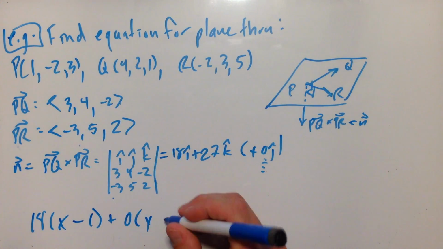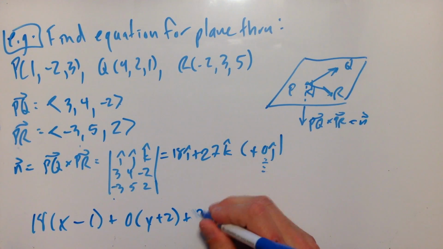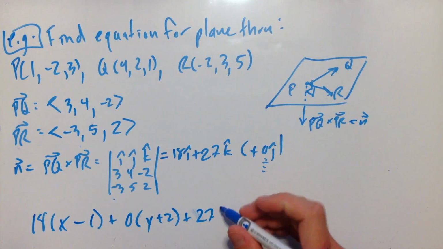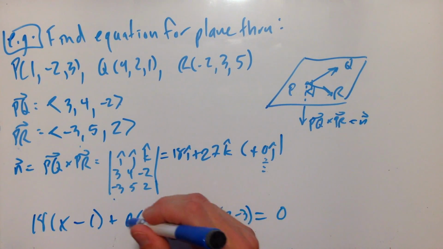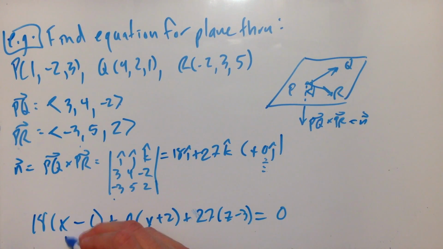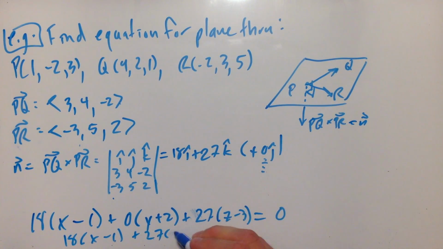So 0 times y minus negative 2, plus 27, which is our c, times z minus the z coordinate, which is 3. That's equal to 0. This goes away, and we're just left with 18 times x minus 1 plus 27 times z minus 3 is equal to 0. If you'd really like to, you can go ahead and figure out a linear equation for this too, but this is really good enough.